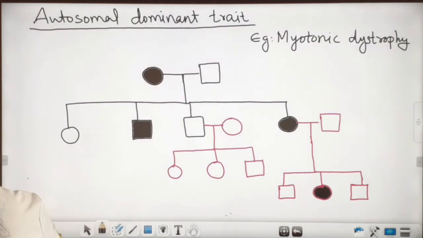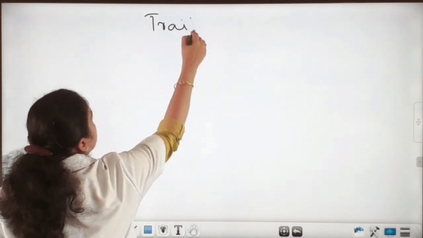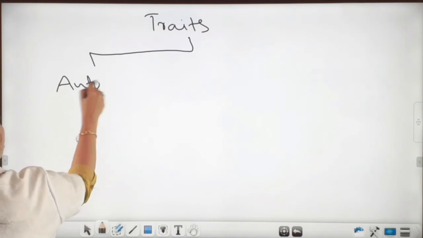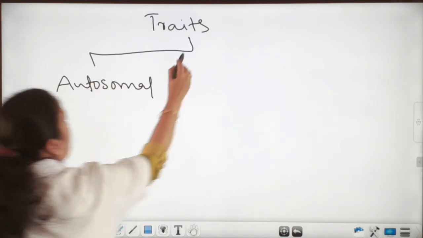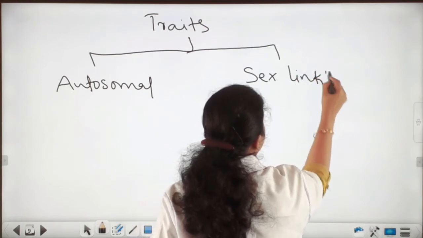So here, before that I want to tell you about the traits. The traits are of 2 types, autosomal traits and sex-linked traits.